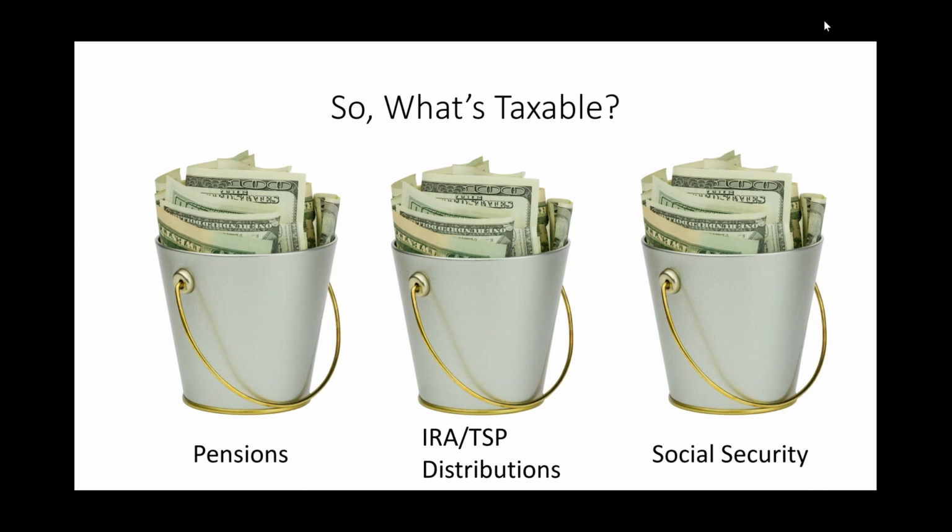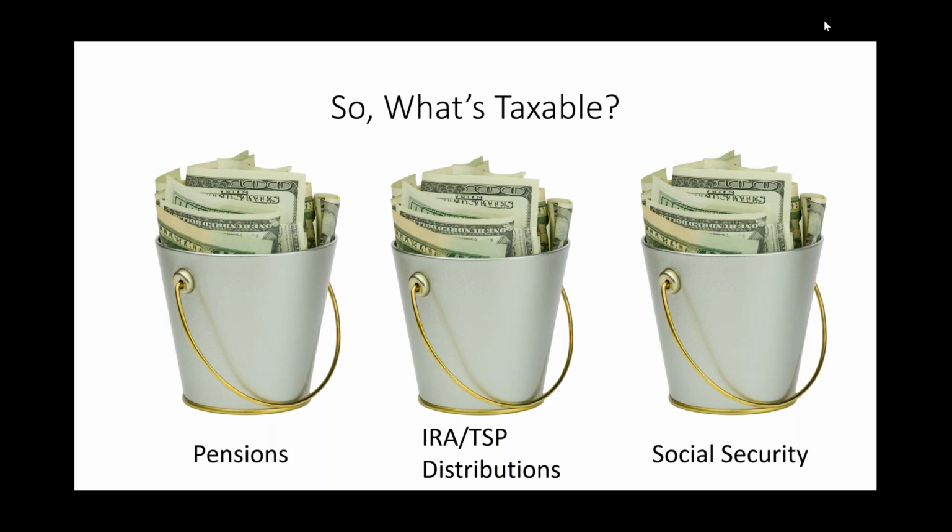And that's why this topic of Roth versus traditional is so important, because let me give you an example of what's taxable. Your pension or your annuity from the government is going to be taxed at ordinary income tax, so whatever tax bracket you fall into is what's going to be taxable.